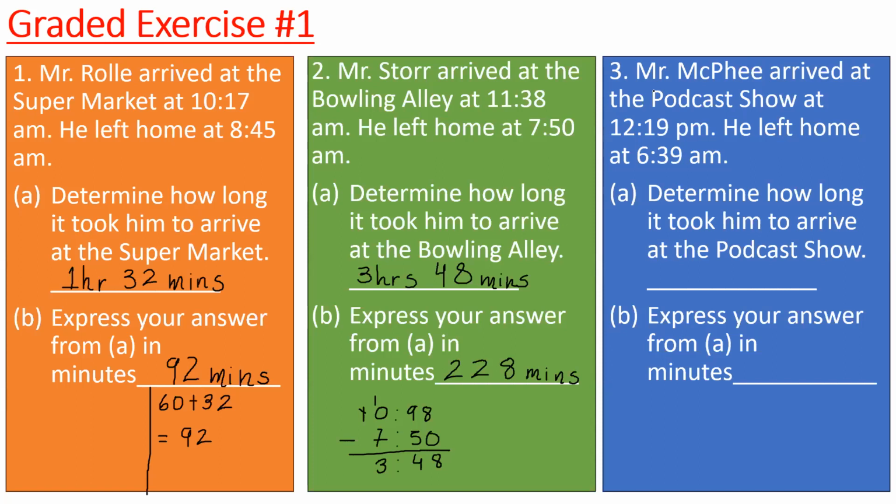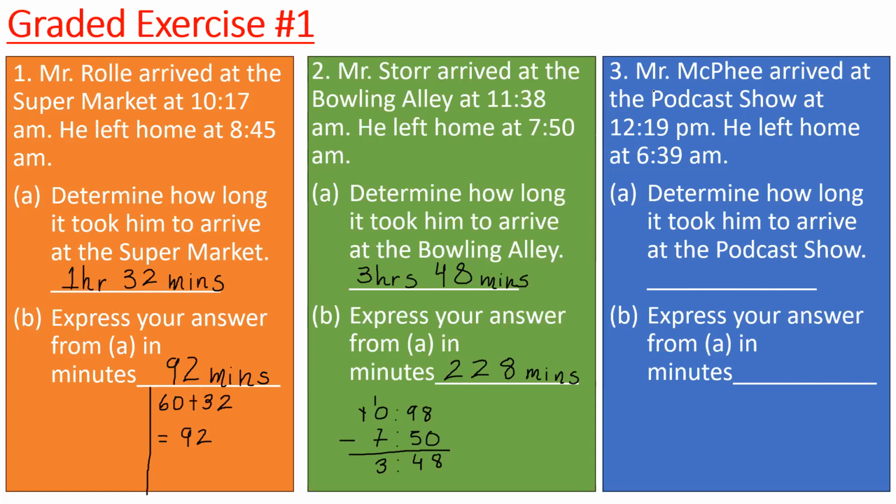Yes, sir. For number 3, I did... Read the question first. Number 3, Mr. Murphy arrived at the podcast show at 12:19 p.m. He left home at 6:39 a.m. A. Determine how long it took him to arrive to the podcast show.